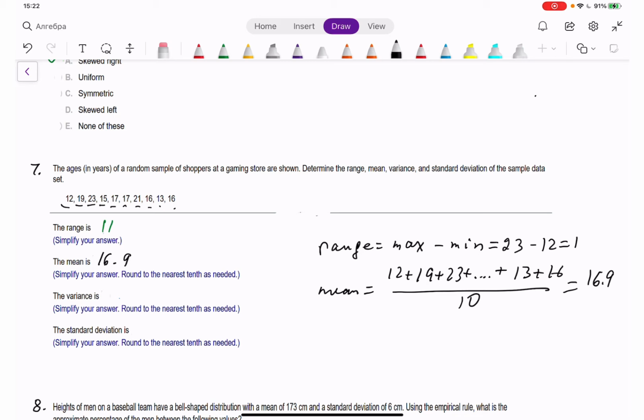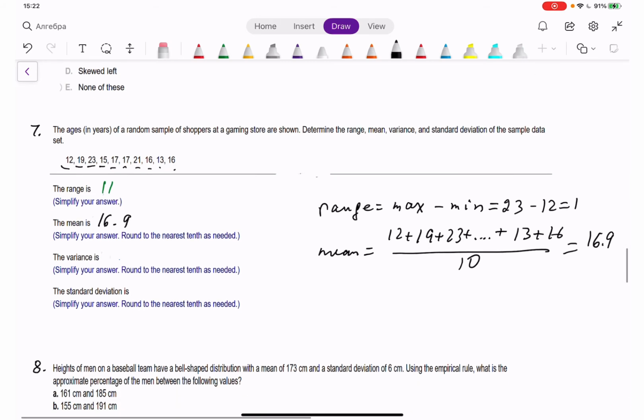Variance. For variance, those of you who don't like Excel or an online calculator can use the lecture. You have 3 choices to find variance and standard deviation. You can use the lecture, that's the first option. Second option, you can use Excel.